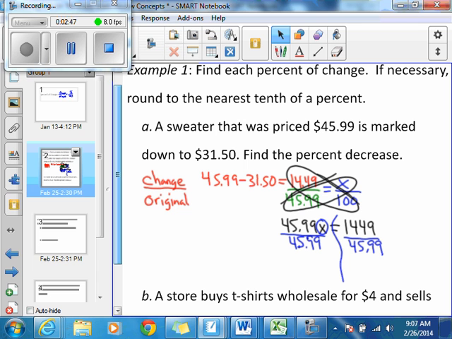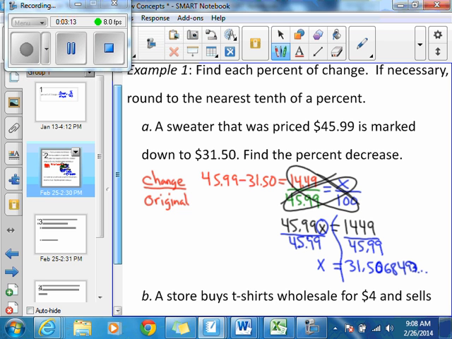So if I type in my calculator 1,449 divided by $45.99, I get 31.5068 and so on. Now, when I get that, I'm not going to write that whole number down.